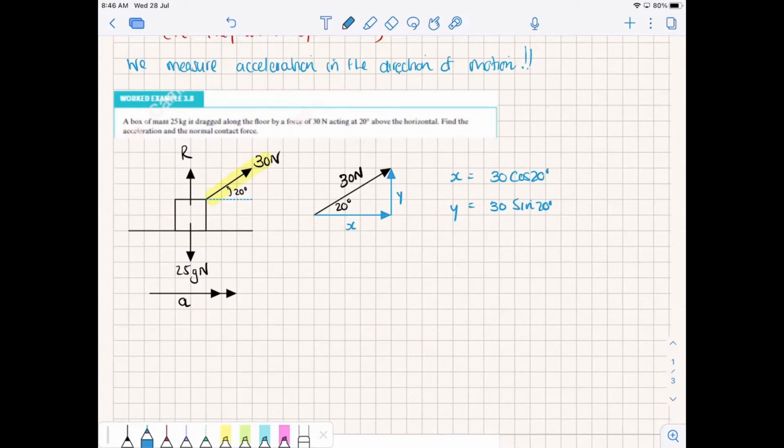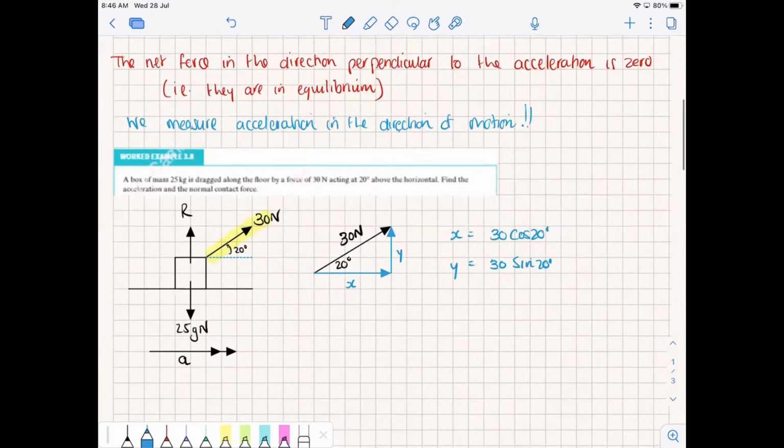Right, now, because we know the direction of acceleration is along the surface, we know that the forces perpendicular to that surface are not going to affect the acceleration. In other words, any forces that are perpendicular to the acceleration, their net force must be zero.